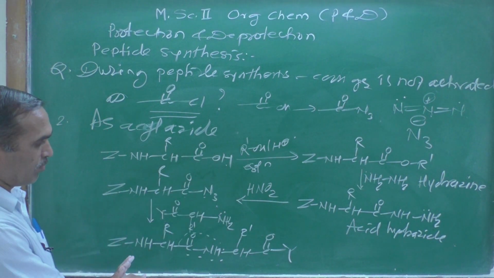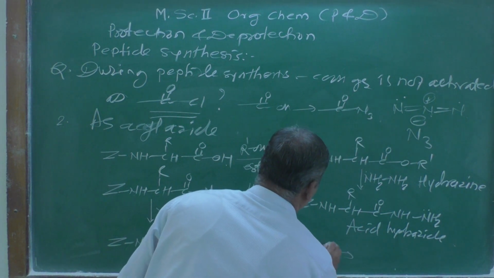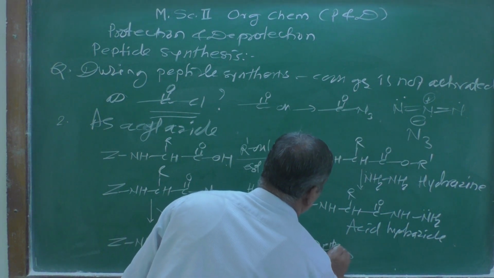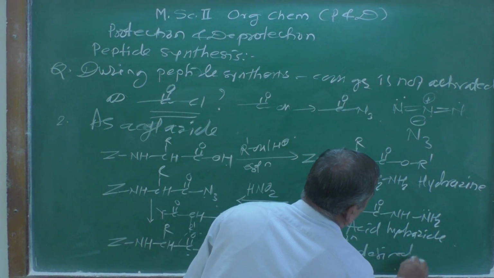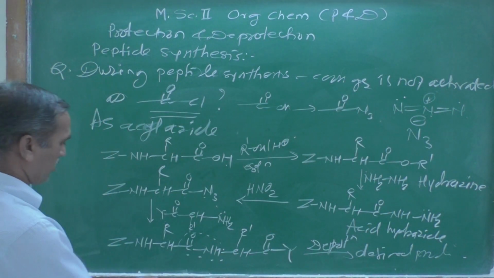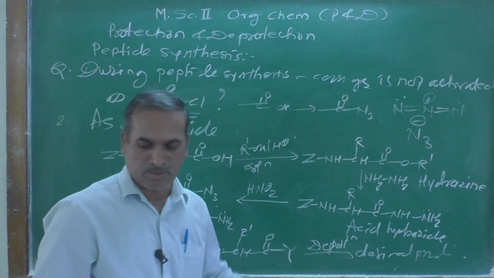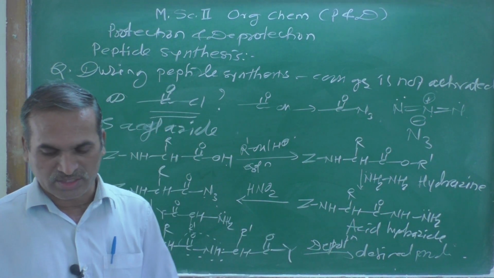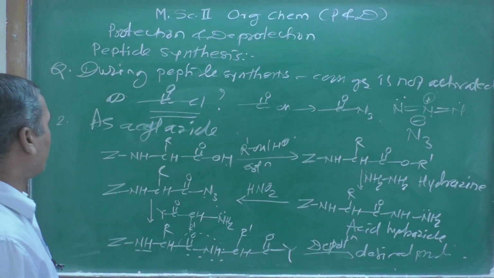Deprotection means here you will get NH2, and here you will get C double bond OH. So this is about the acid azide, right?